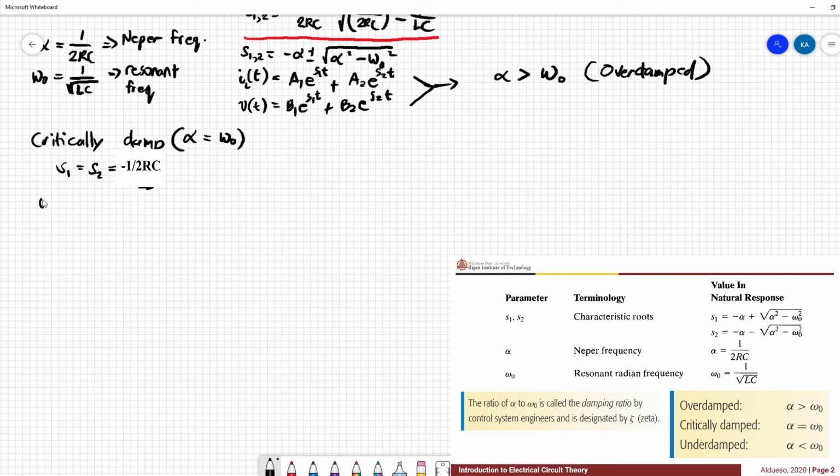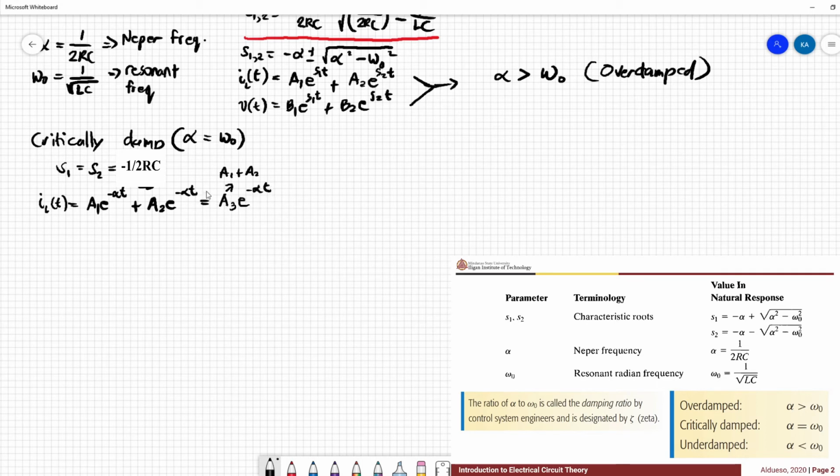In this case, our i_L of t is equal to A1 e^(-alpha t) plus A2 e^(-alpha t), or you can factor out e^(-alpha t) and we have A3 times e^(-alpha t). Here A3 is equivalent to A1 plus A2.